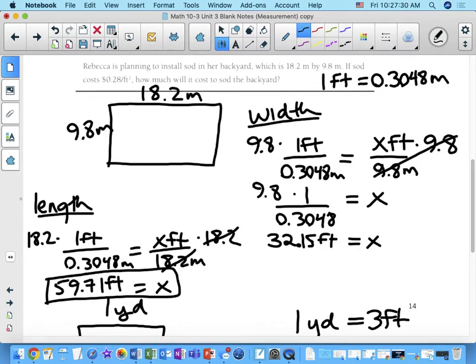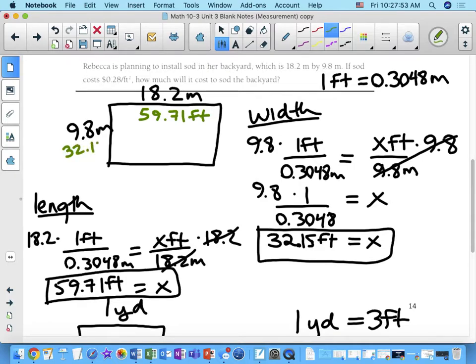So that's the one dimension, and that's the other one. So you may actually want to write those in. So I'm just going to write them in underneath. So the 18.2 meters, that was 59.71 feet. And this was, what was it? 32.15 feet.